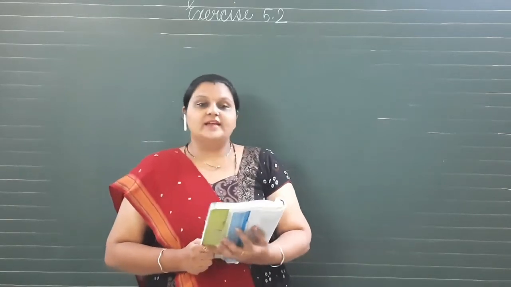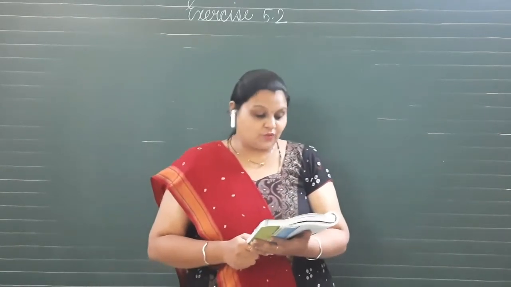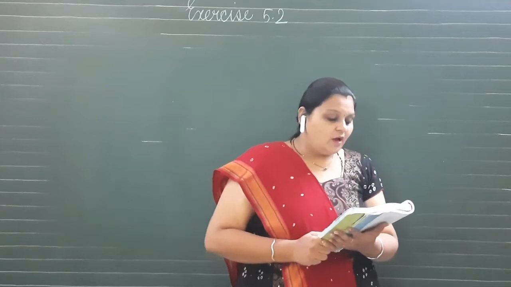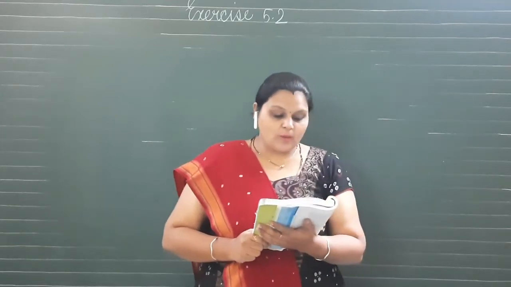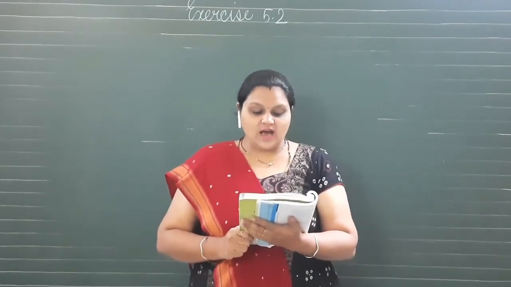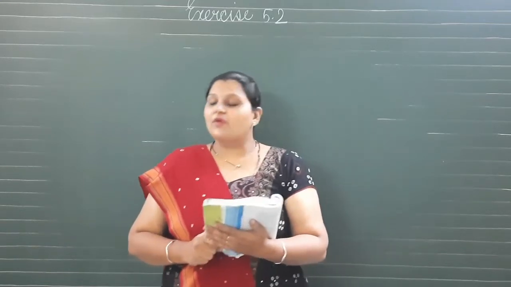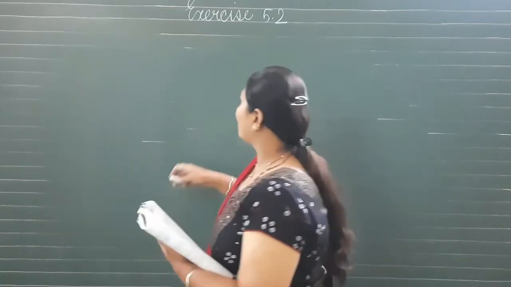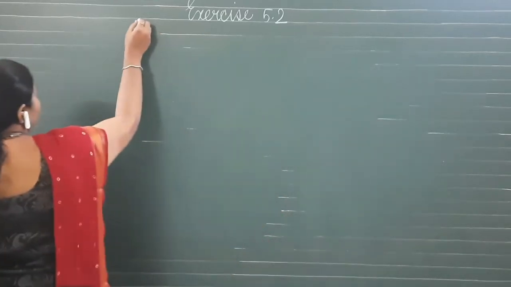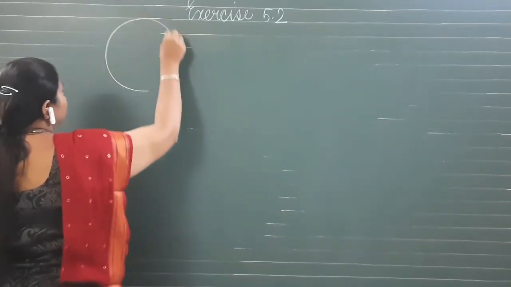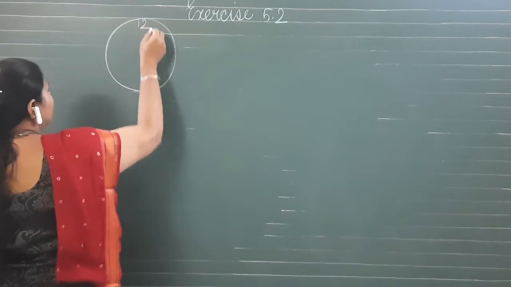Now let us see exercise 5.2. Question number 1. What fraction of clockwise revolution does the hand of a clock turn through when it goes from? Now here we will draw one clock. This is the clock.